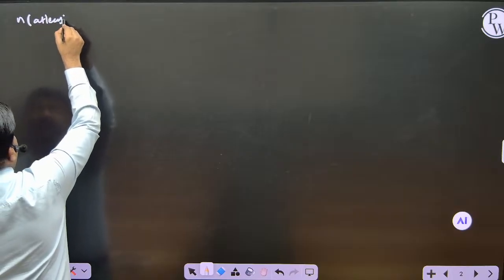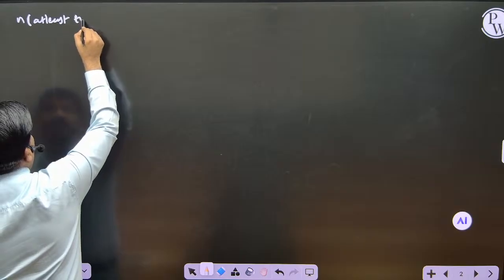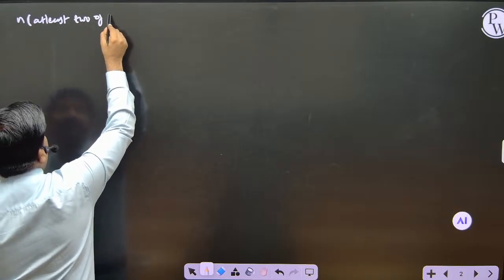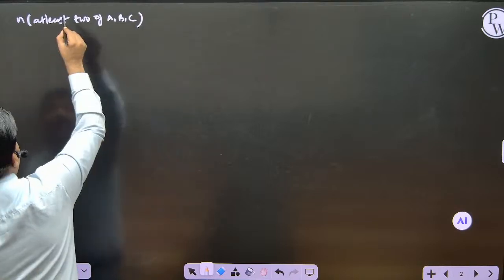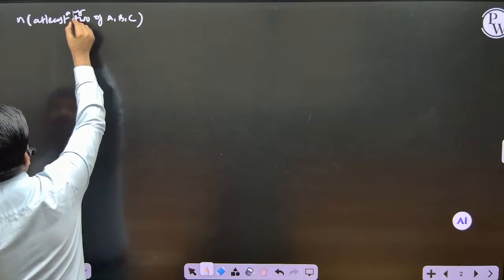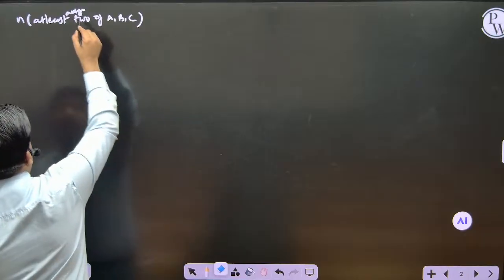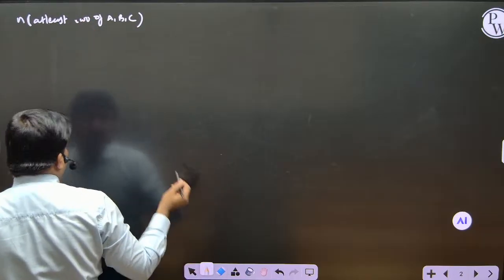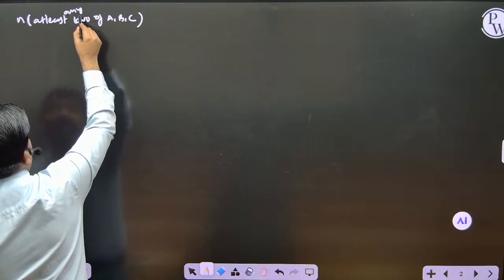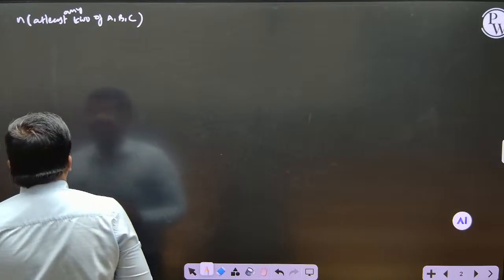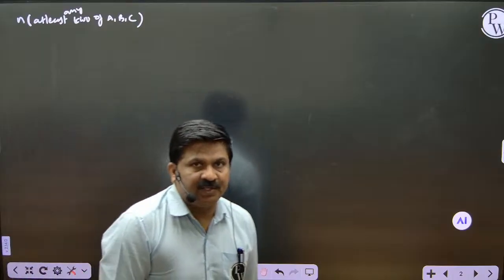At least 2 of a, b, c means any 2 of a, b, c. At least means what? Minimum 2, maximum 3 is also possible.